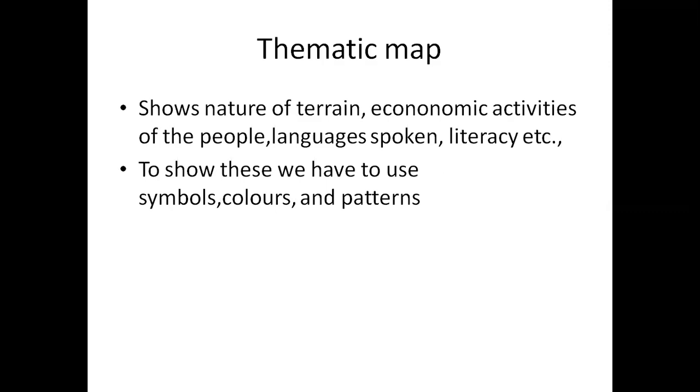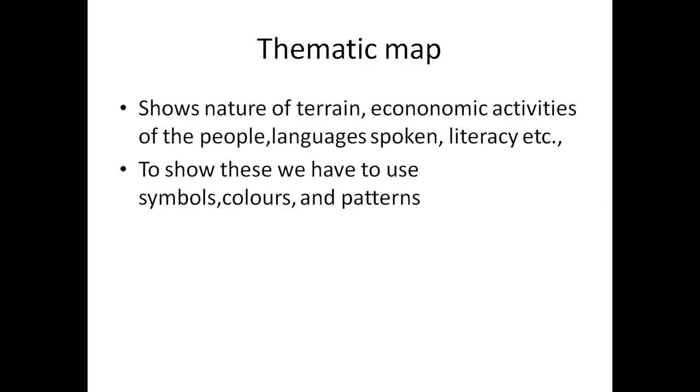Okay, so these thematic maps show the nature of terrain, and when we use these thematic maps, we have to use symbols, colors, and patterns. Suppose we want to know the water resources, or we want to draw a particular map to know the regions which have very little drinking water.